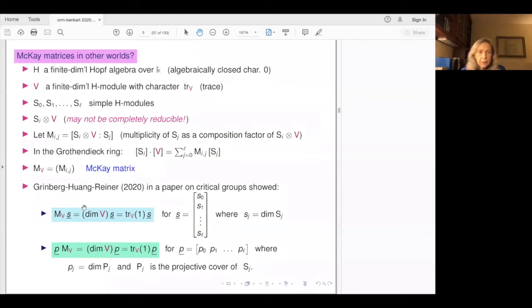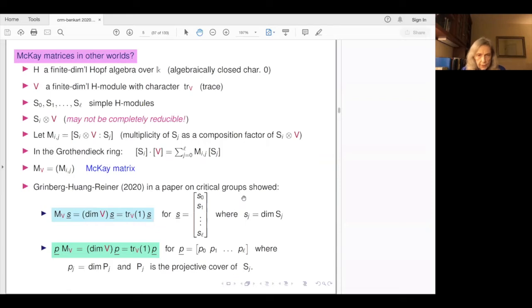An important thing in chip firing are these things called critical groups. So that's another place where McKay matrices come up, in the context of chip firing.